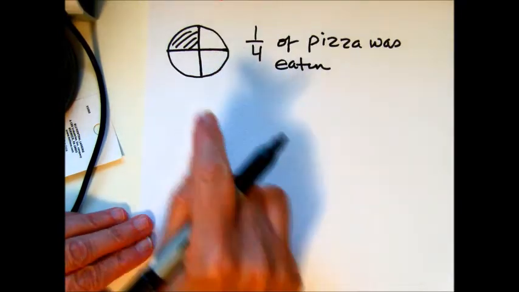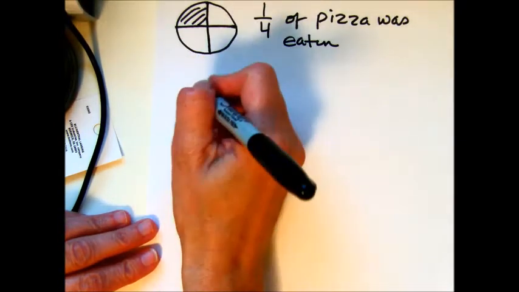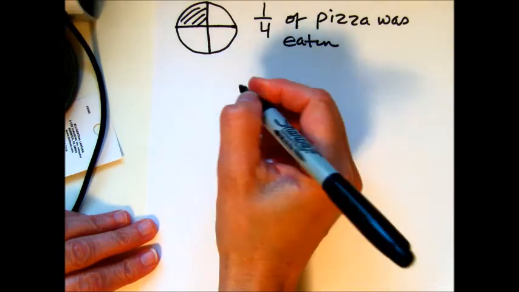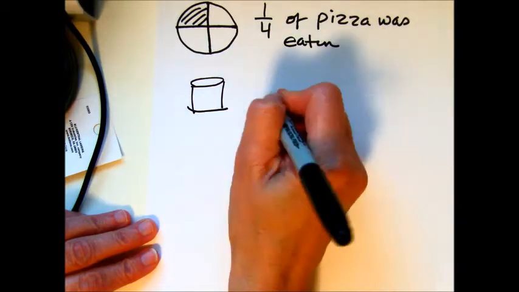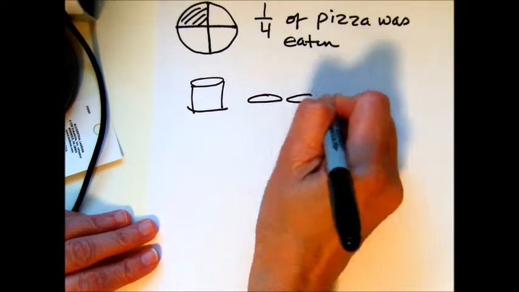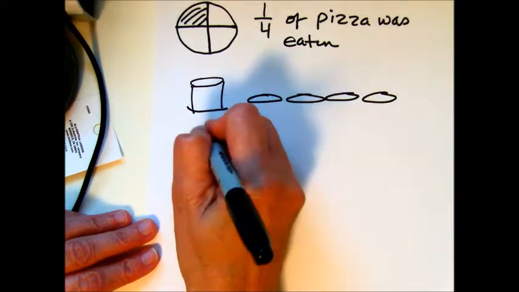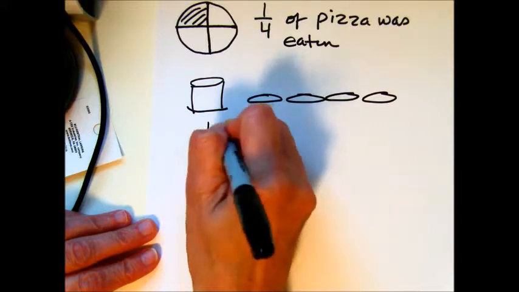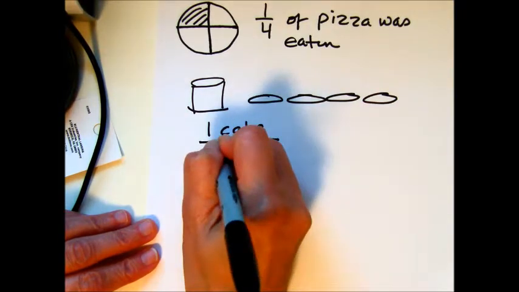Now, let's talk about, say you're at a bake sale, and for every one cake that was sold, so here's a cake, 4 pies were also sold. So here's my 4 pies. So we've got 1 cake and 4 pies.